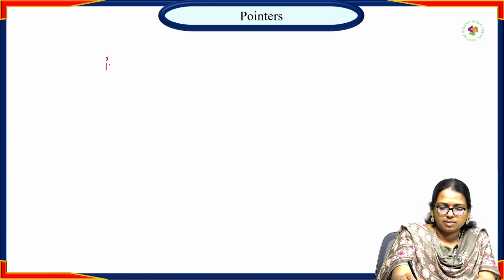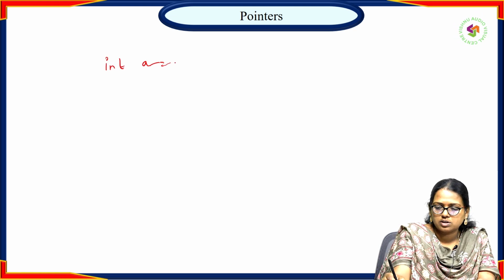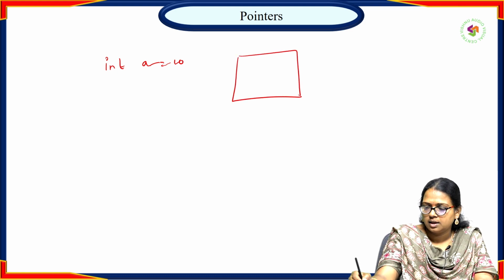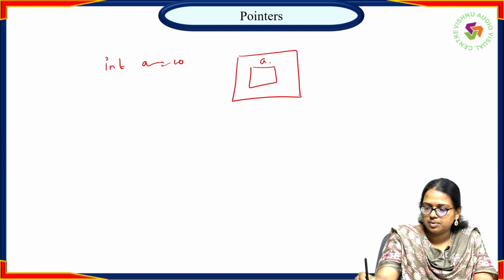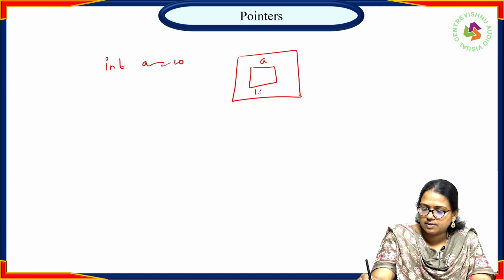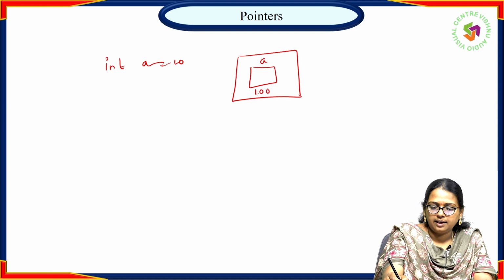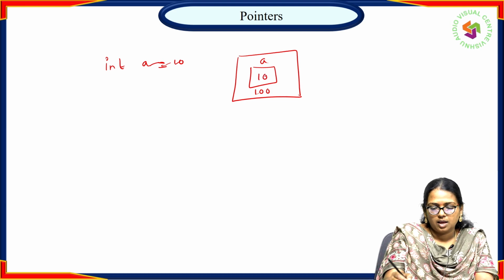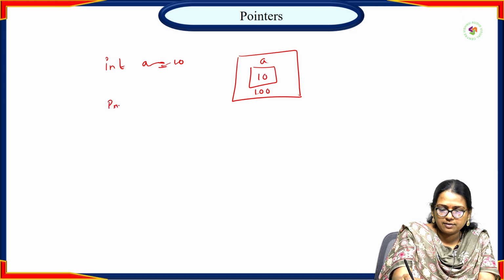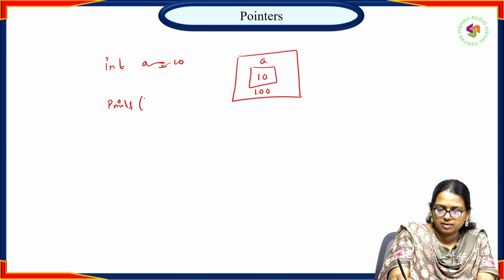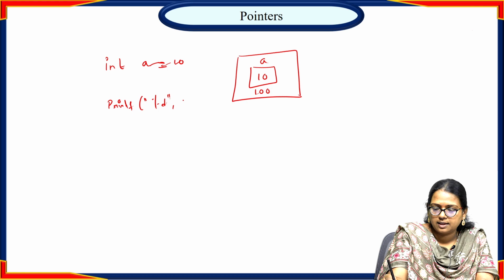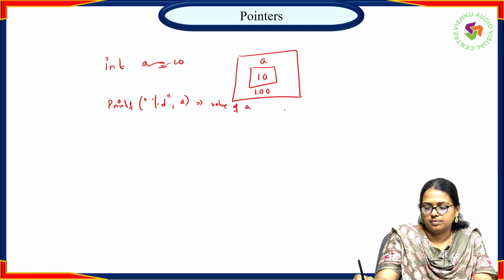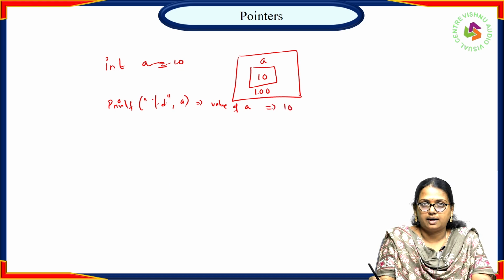See, if you declare a variable as int a equals to 10, then internally in memory, some memory is allocated to the variable a with some address, for example 100. And here, as we initialized with a value 10, a value is 10. If we use a printf statement, printf %d a, it will print the value of a, that is 10.